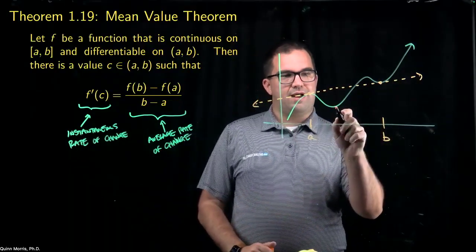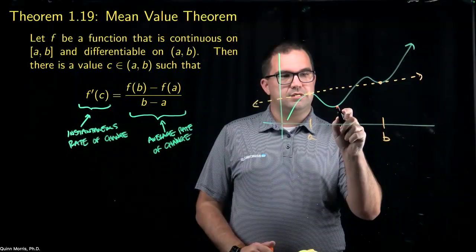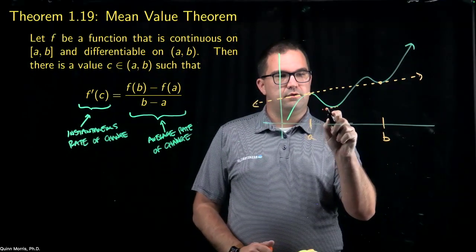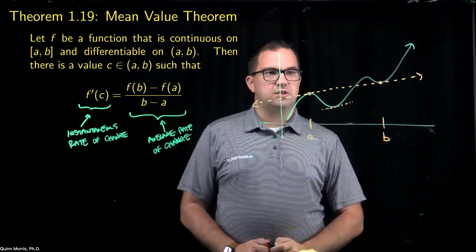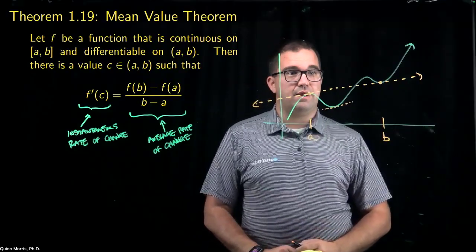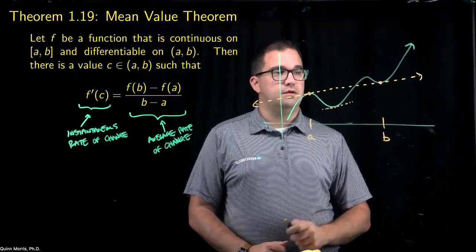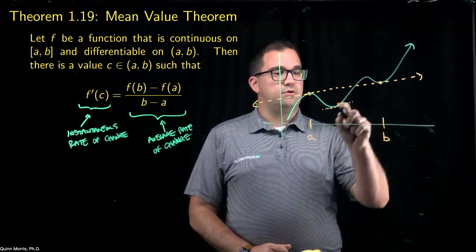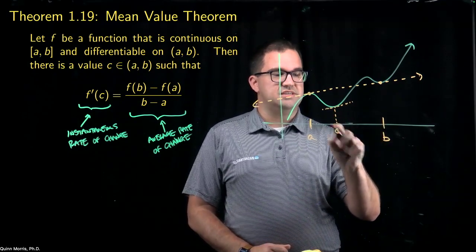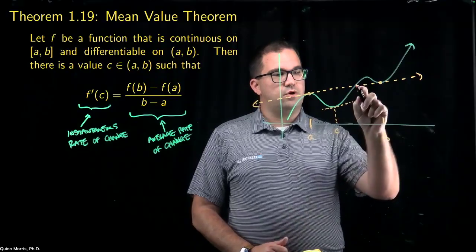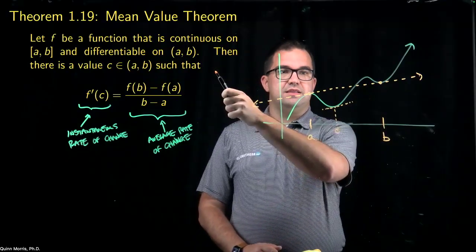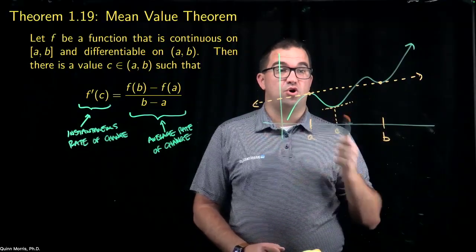So if I look graphically on here, maybe there's one about here. Looks like those lines are almost parallel, have about the same slope. So there's a value c that might work. But if you'll notice, the theorem says there is a value. It doesn't say there's only one.